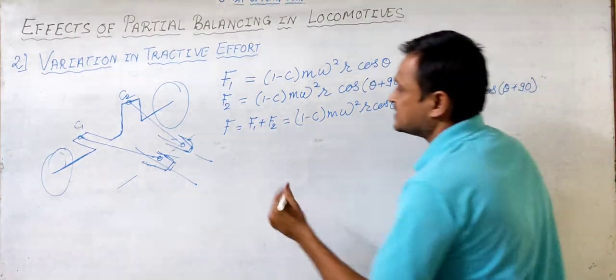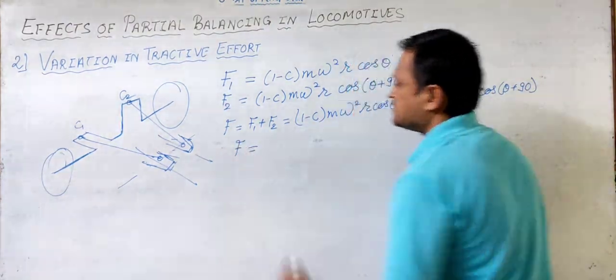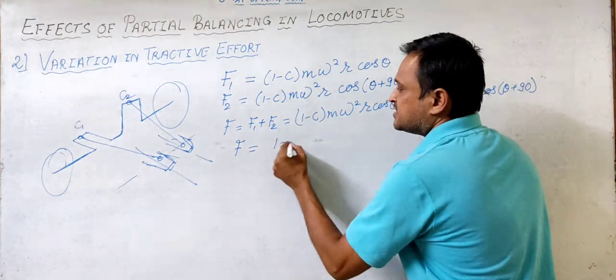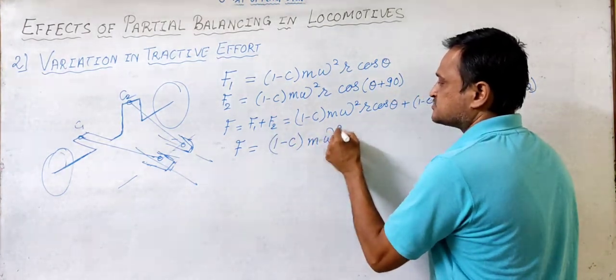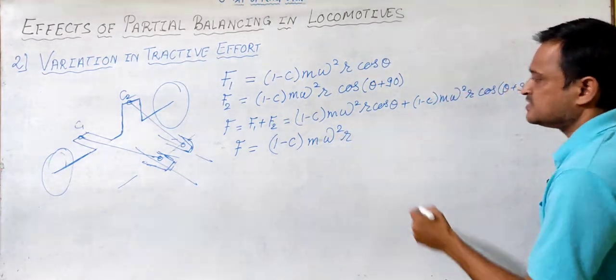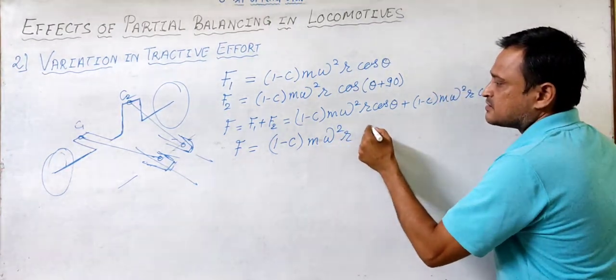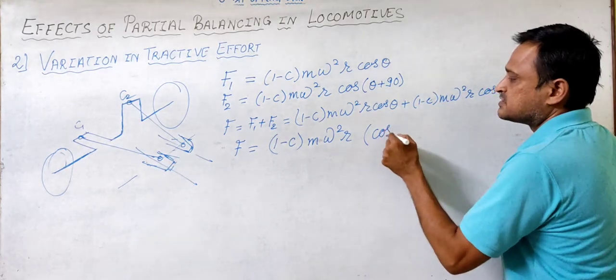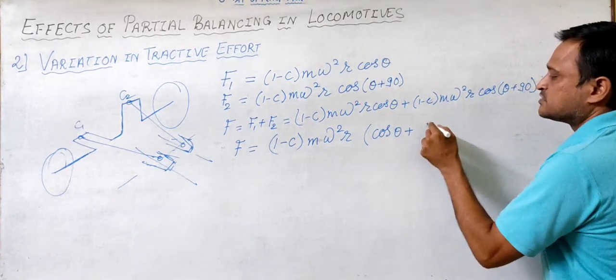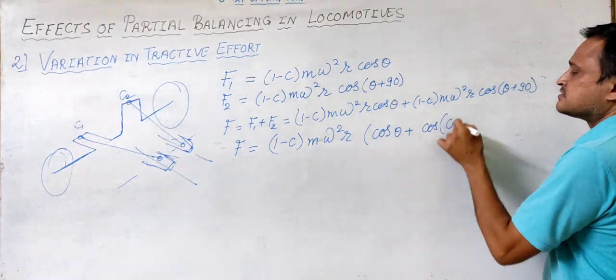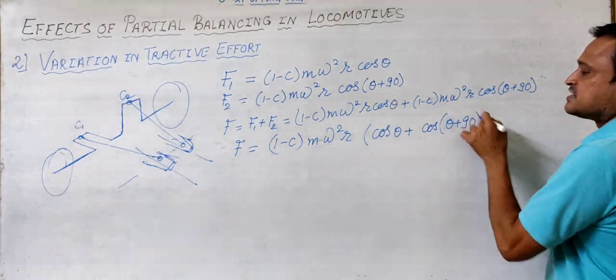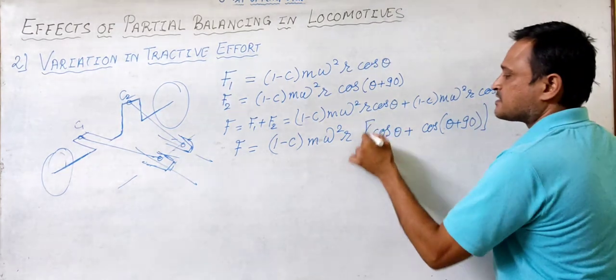So I can say that this F is (1 minus C) times m omega square r, it will be cos theta plus cos (theta plus 90), right?